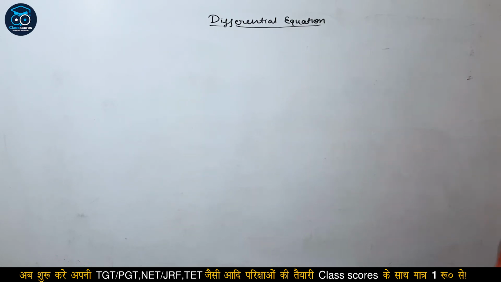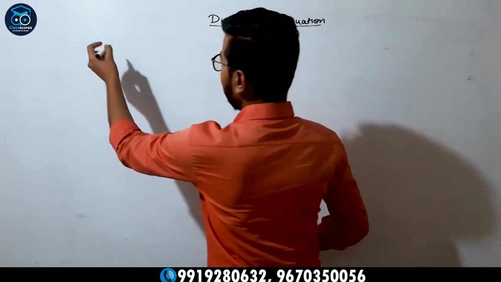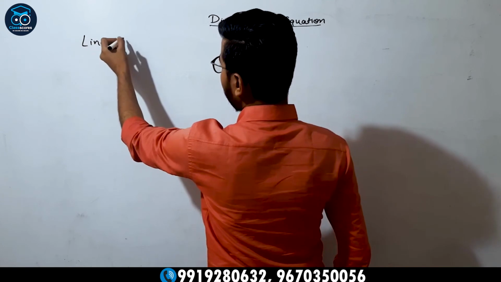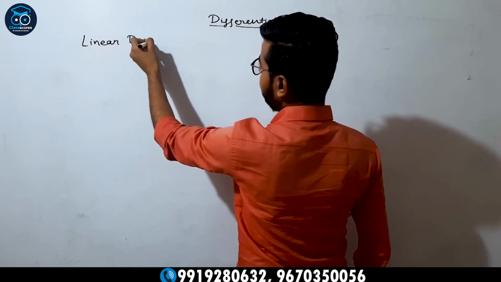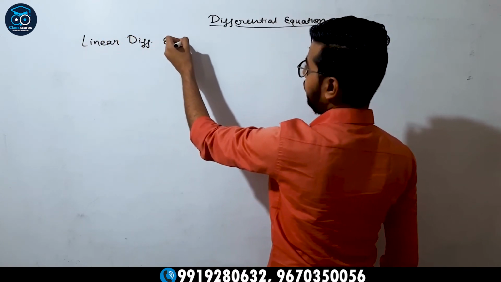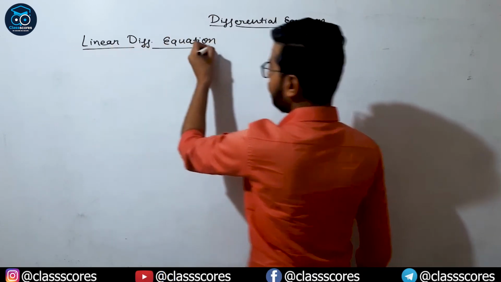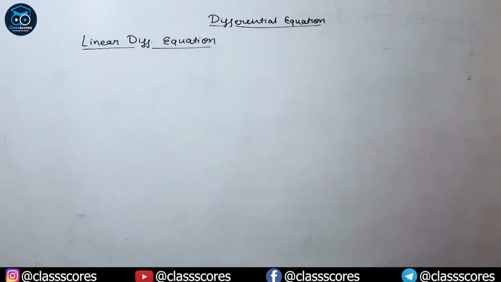Now moving towards our last method to solve the differential equation, that is the linear differential equation. This linear differential equation consists of three basic steps, out of which you will get the solution for the given differential equation.